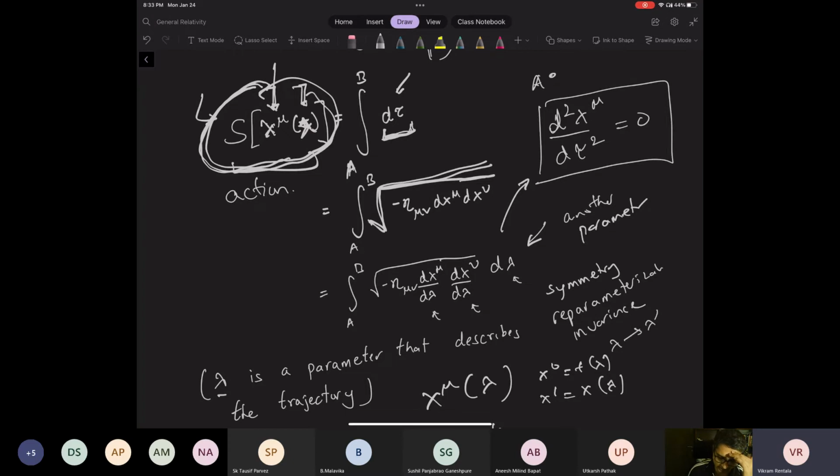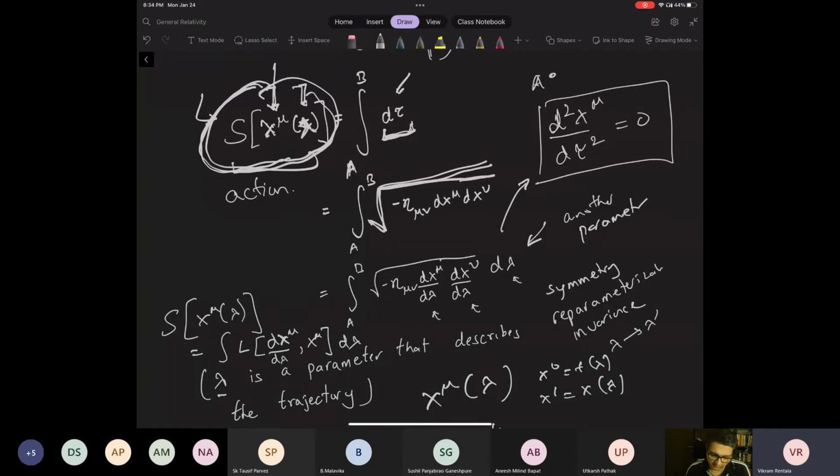Yeah, this is very similar to, so this is some S of x mu of lambda. And you can write it as some integral of some Lagrangian, which is a function of dx mu d lambda. It depends on derivatives of x, and it could depend on x as well. And it's an integral over lambda. So lambda is like your time, except it's a parameter of the trajectory.